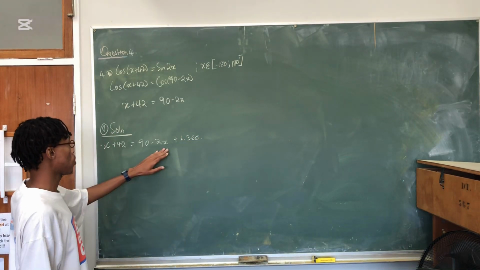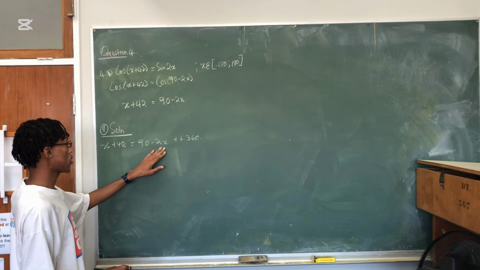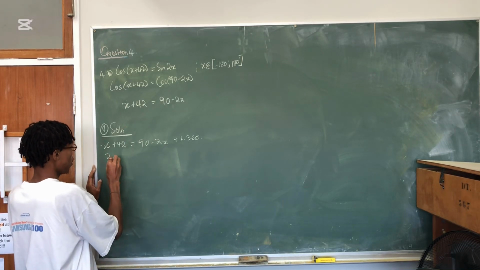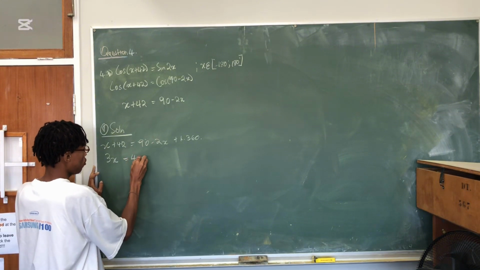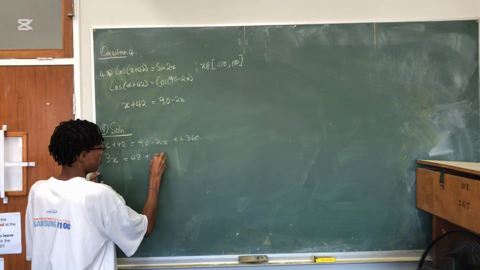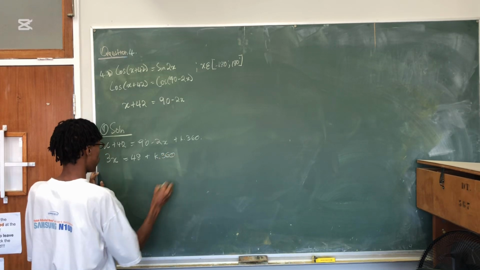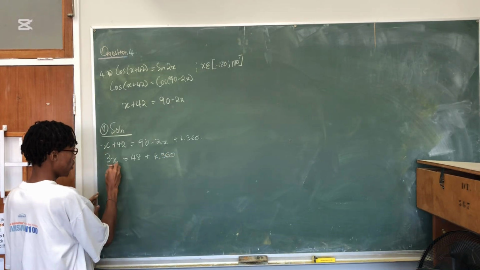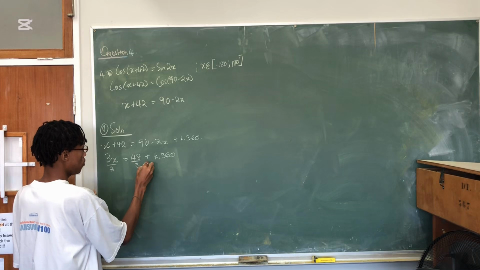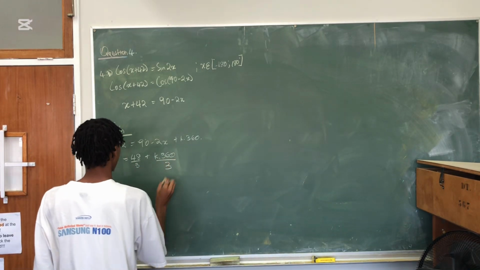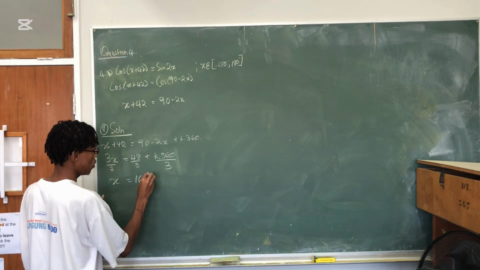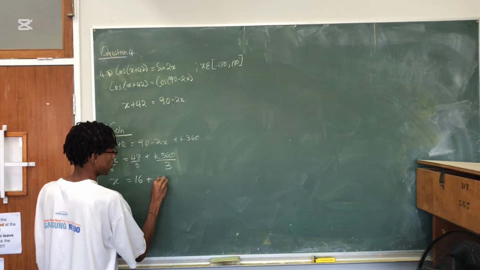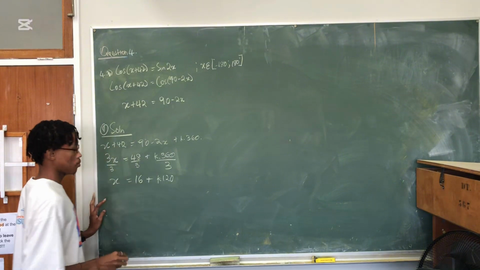We solve for x, take 2x to the other side. We have 3x on this side, and then 42 on that side. We have 48 plus k times 360. We're looking for x, so divide by 3. This x is going to be 16 plus k times 120.